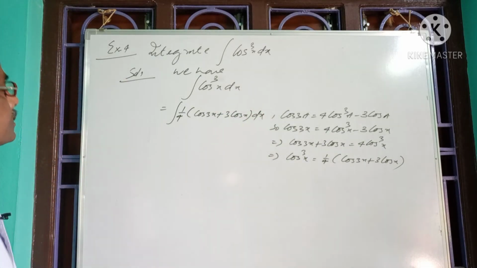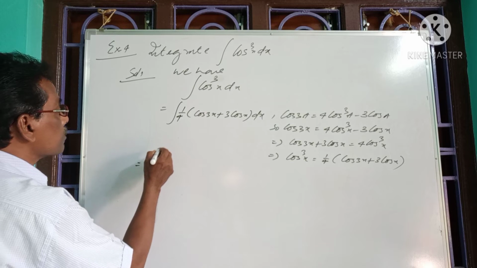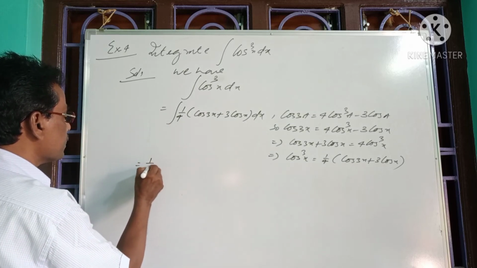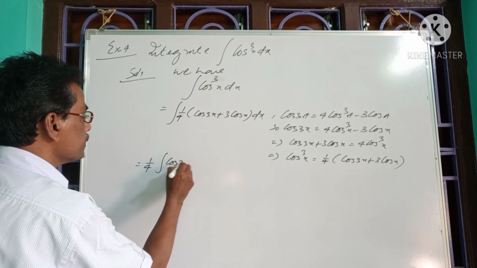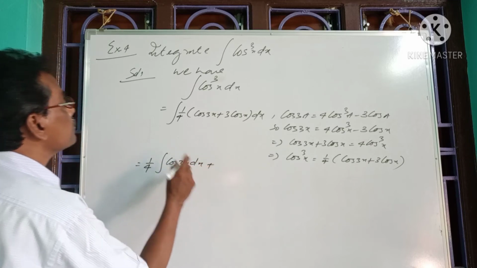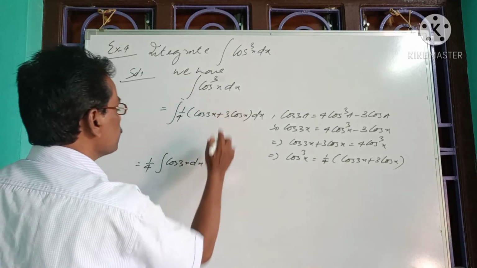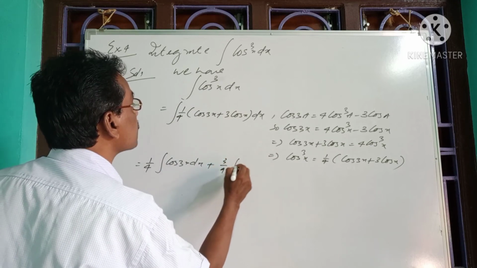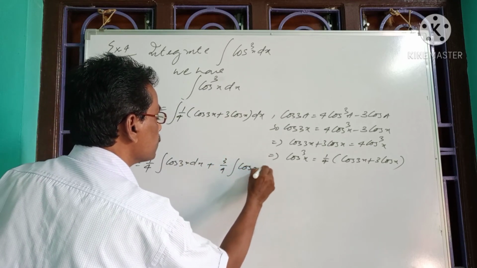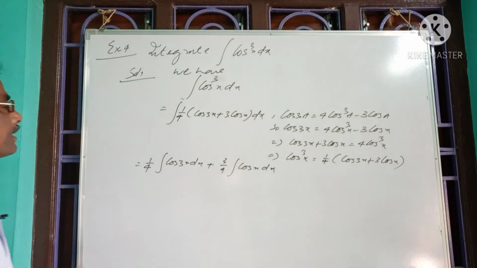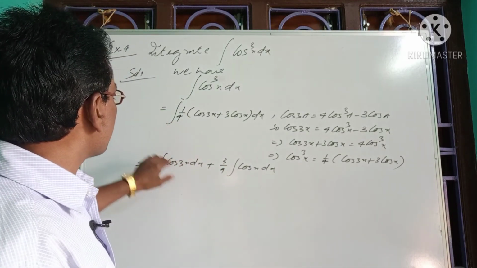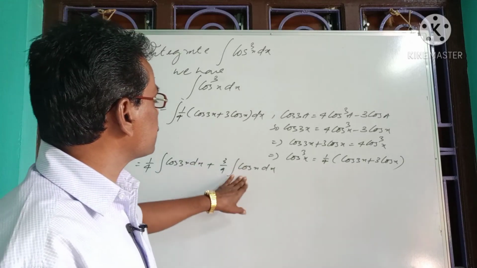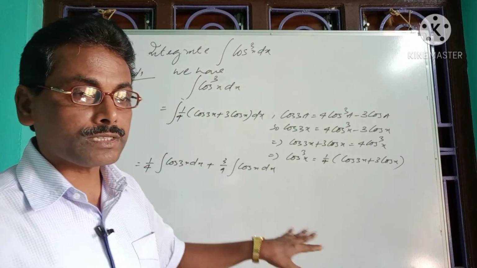So now simplifying and taking the constant out of the integral, we have 1 by 4 integration of cos of 3x with respect to x, plus, multiplying 1 by 4 with 3, we have 3 by 4 integration of cos x with respect to x. So now using the algebra of integrals, we reach the integration of cos mx dx form and the integration of cos x dx form. So both the integrals are now integrable.